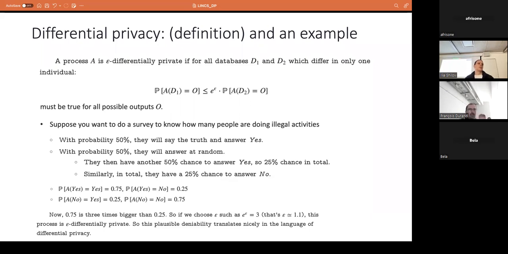Exactly. Essentially, something like that. Yes, exactly. Three quarters it will send my answer, and with probability 1/4 it will send the opposite answer.